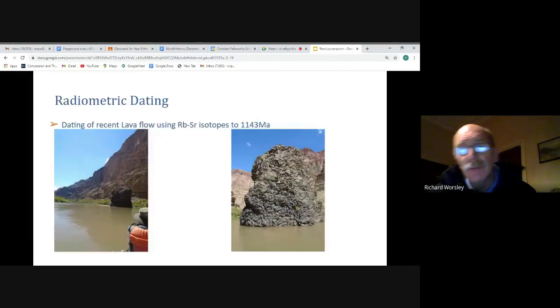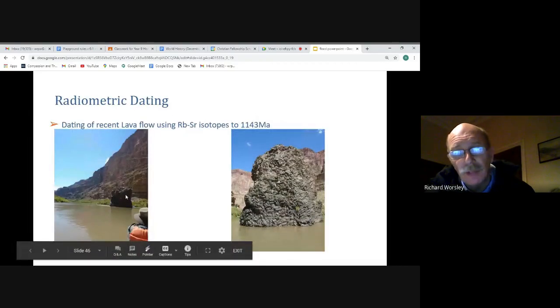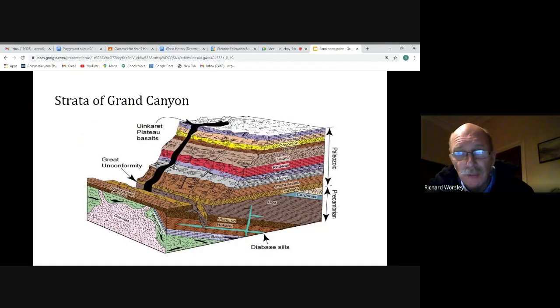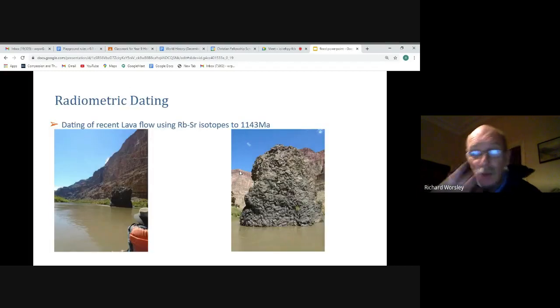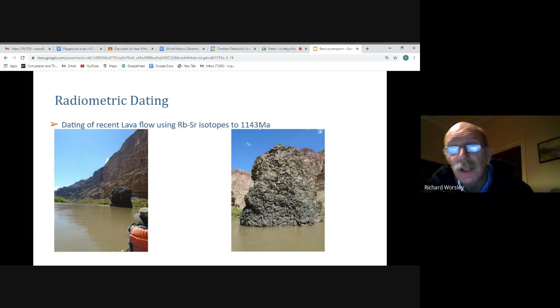But then we come to this rather interesting feature here. This is the remnant of that lava flow that I was talking about, which, generally speaking, is considered quite recent and has, as you can see, covered all these other layers of rocks. So it's pretty obvious that must have happened since those rocks were laid down. Yet, when we look at the dating for that, it is given a date of over 1,000 million years.